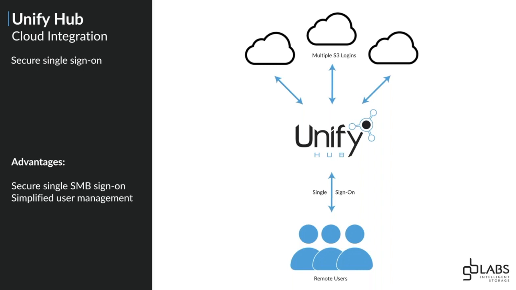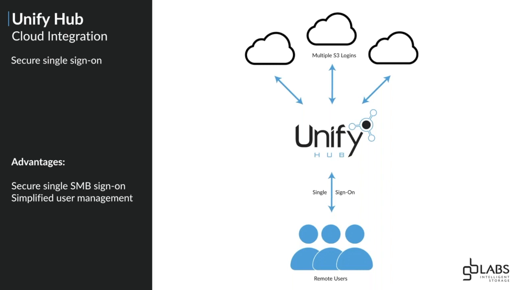But of course, we will be adding quite a lot of others to that list. Essentially, the Unify Hub is the one that is logging in and mounting that storage.